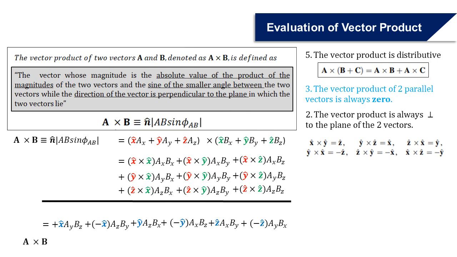Okay? So now, ano na yung ating final answer? The cross product of vectors A and B is equal to x hat times the difference between these terms ng A sub y, B sub z, minus A sub z, B sub y. Okay?